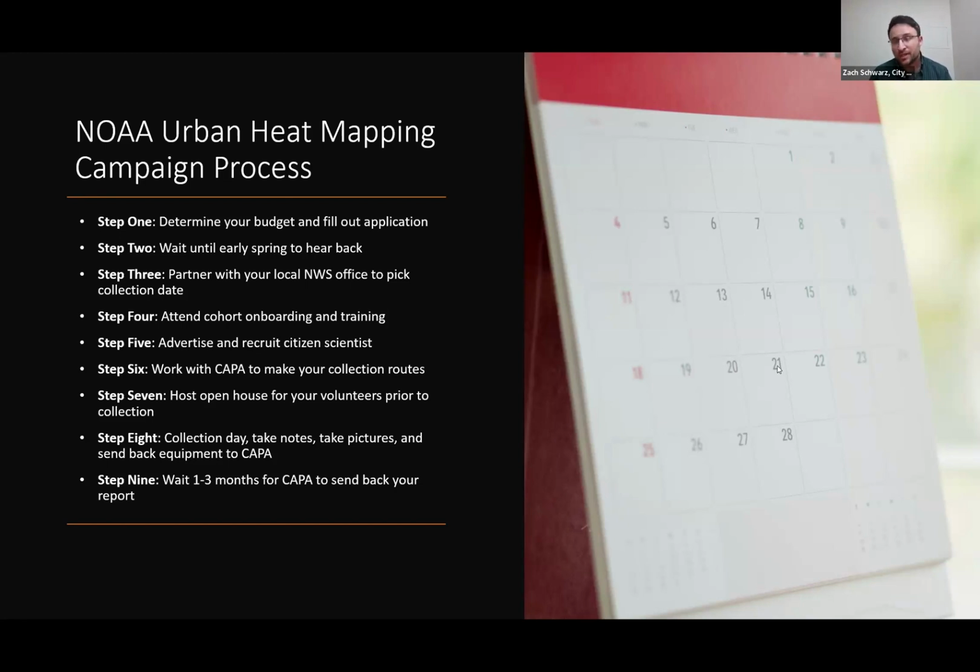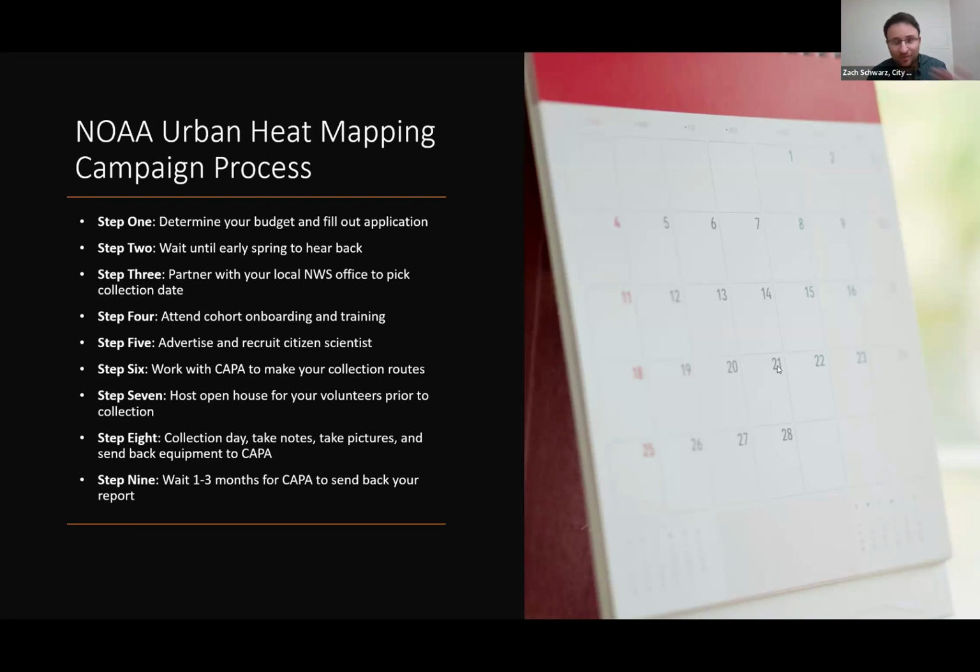But in terms of your budget, if you are a small, medium-sized town or city, the campaign costs around $15,000. Now, if you are a community that can't afford to fund that amount this year, NOAA does have kind of like a backup budget that can help fill in that extra money.